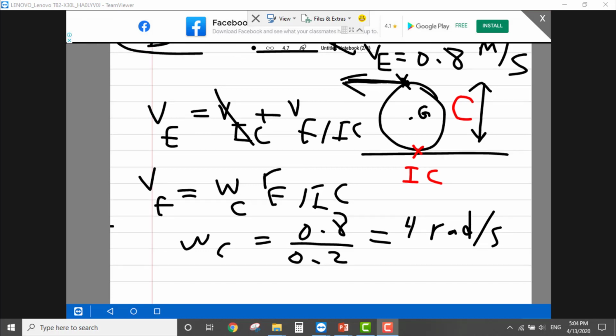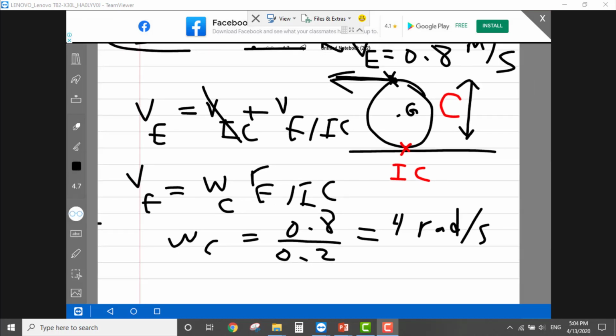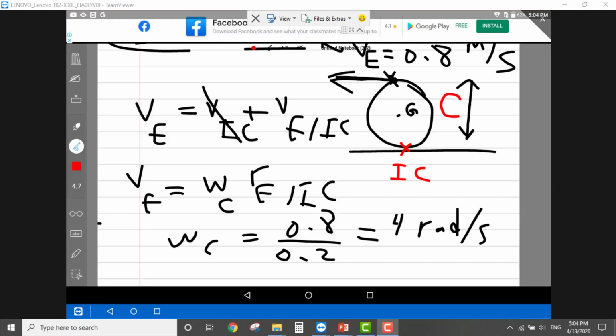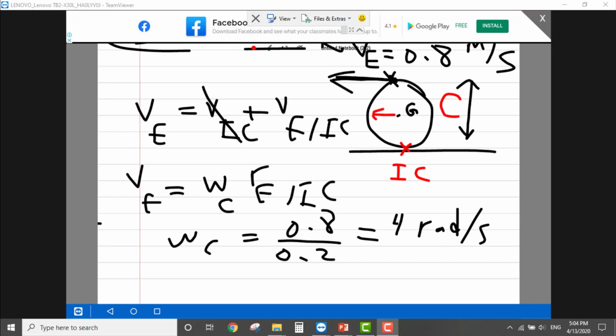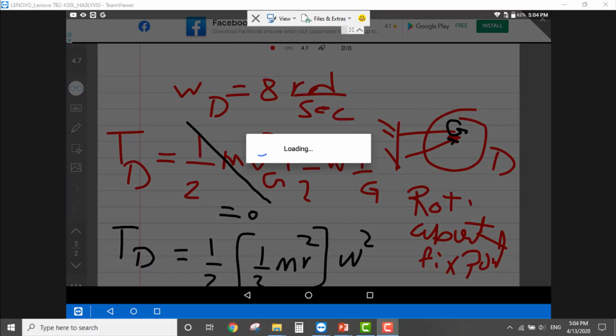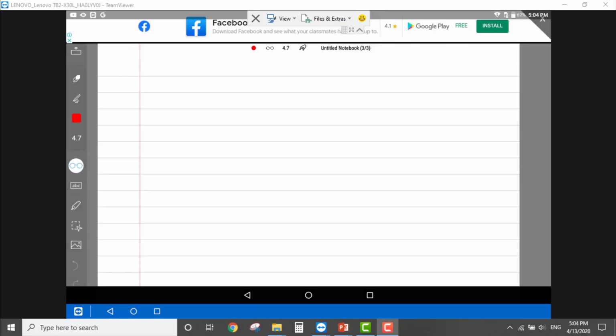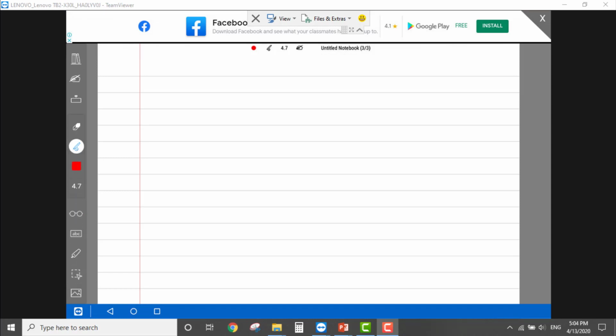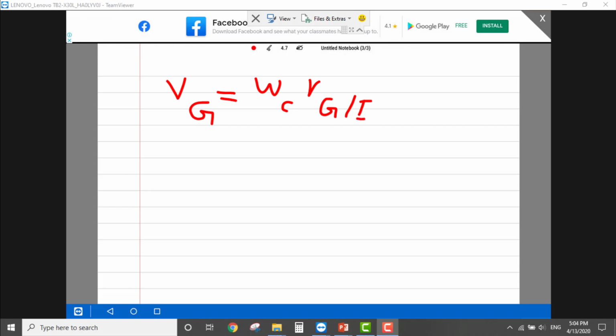Now the second unknown is Vg. Before going to the second page, we need to find Vg. How to find it? Again, we'll find it based on the instantaneous center of zero velocity. So let me go to a new page and write down that Vg equals omega of disk C multiplied by Rg with respect to IC.